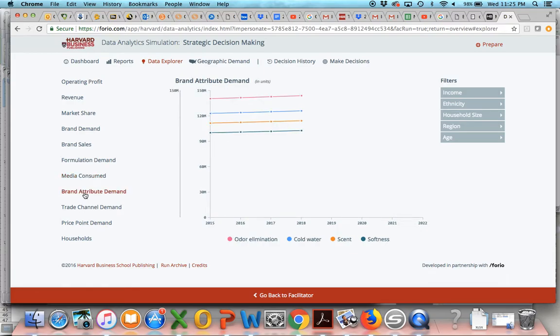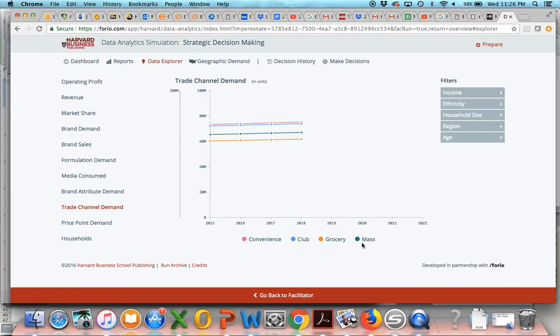Attribute is something else you'll be deciding. Odor elimination, being able to use it with, say, cold water versus the more expensive hot water. Scent, softness, these are things that people are making decisions on to buy it. Trade channel, essentially, where do you sell it? Convenience store, club, BJ's, Costco type things.